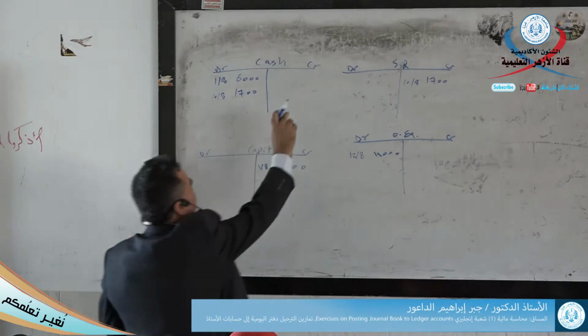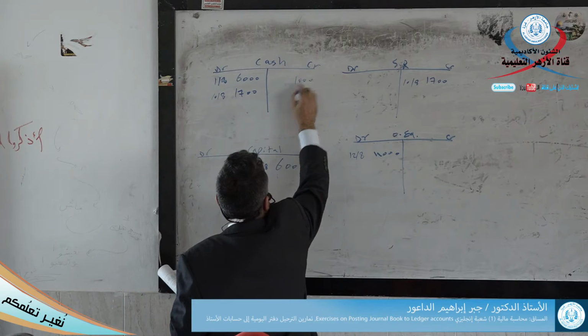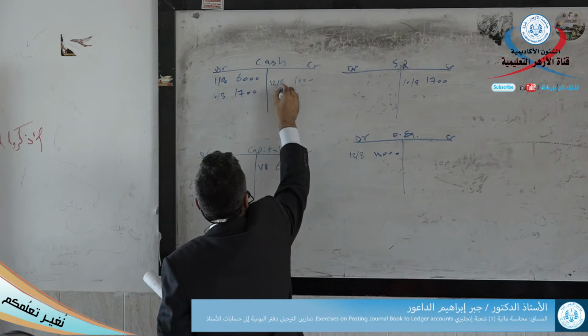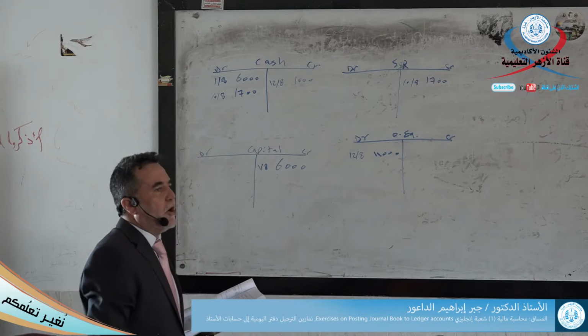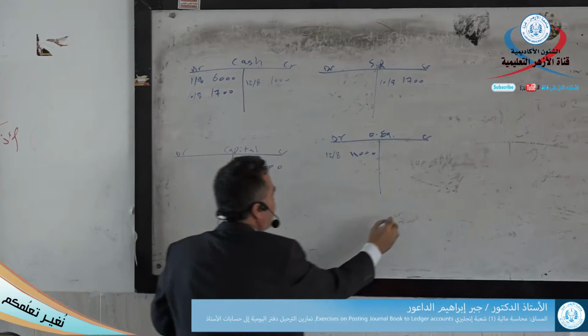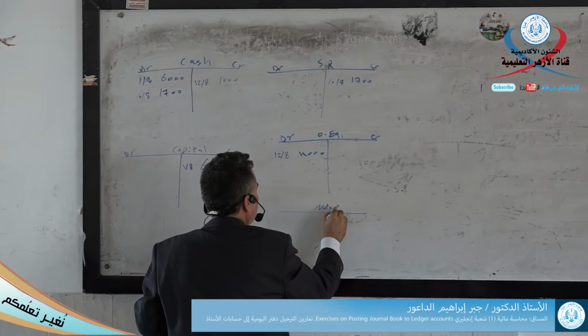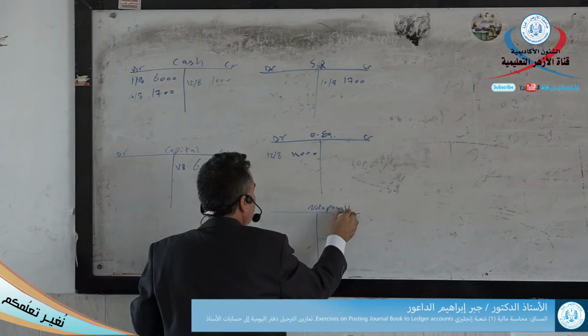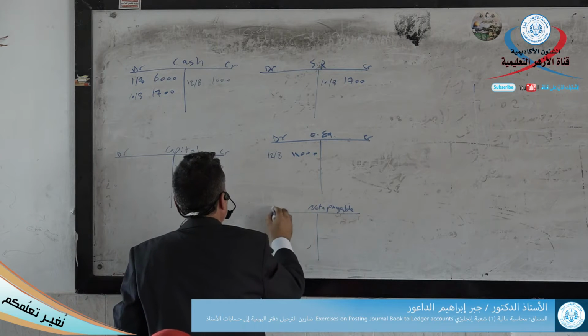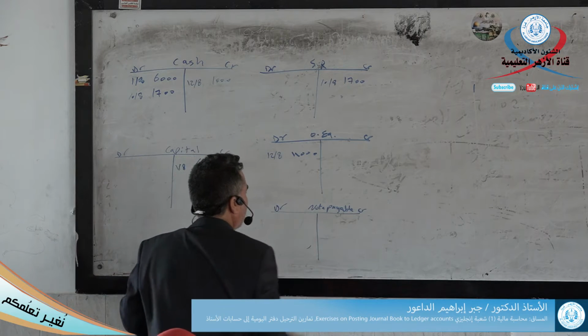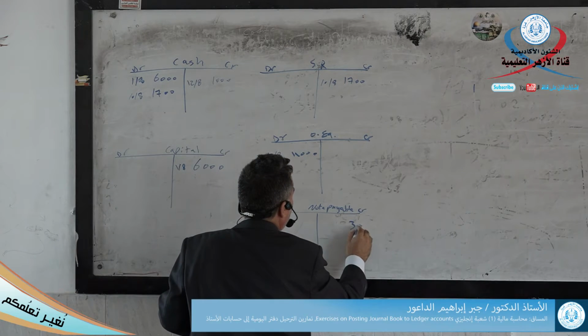Cash, a credit 1,000 and note payable, another special account, CR for 3,000.